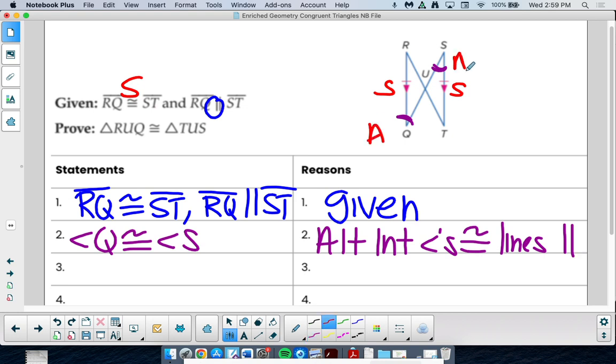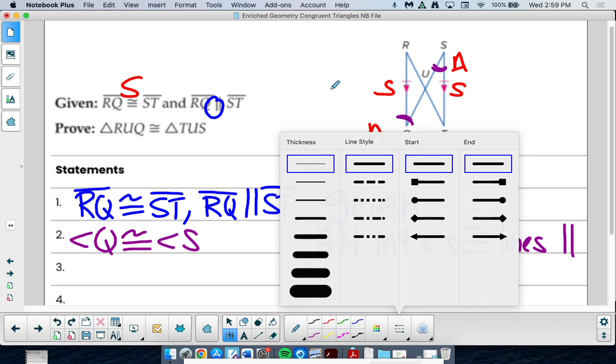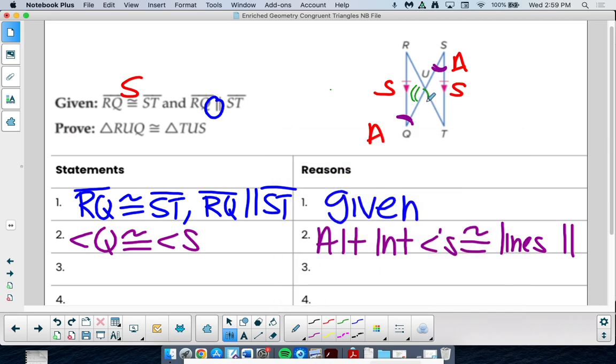So now we're still just missing one more angle. And whenever you see like this bow tie look, right? Do you guys see how there's like a big bow tie in that picture? You should always think vertical angles, right? Here's a vertical angle to this guy. They're vertical angles. So we have to use 3 letters when we name them because there's multiple angles coming from you. So the angle RUQ is congruent to angle TUS.